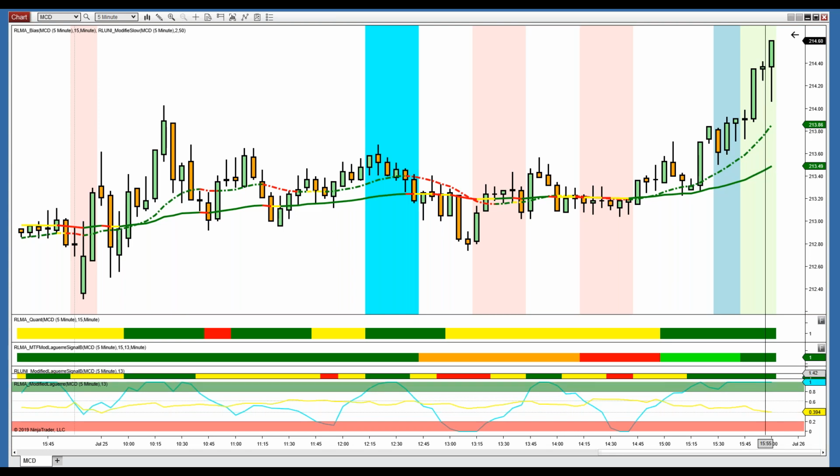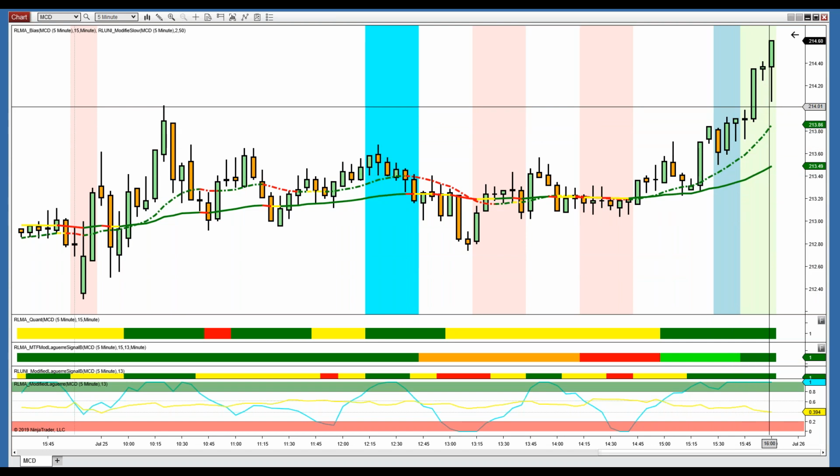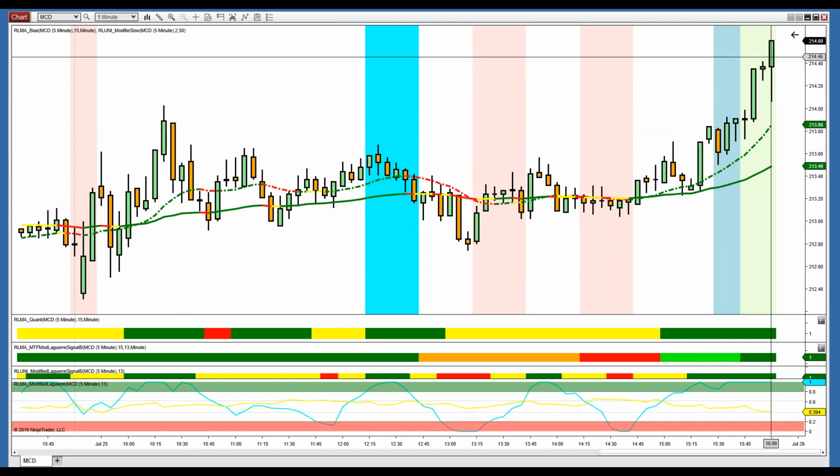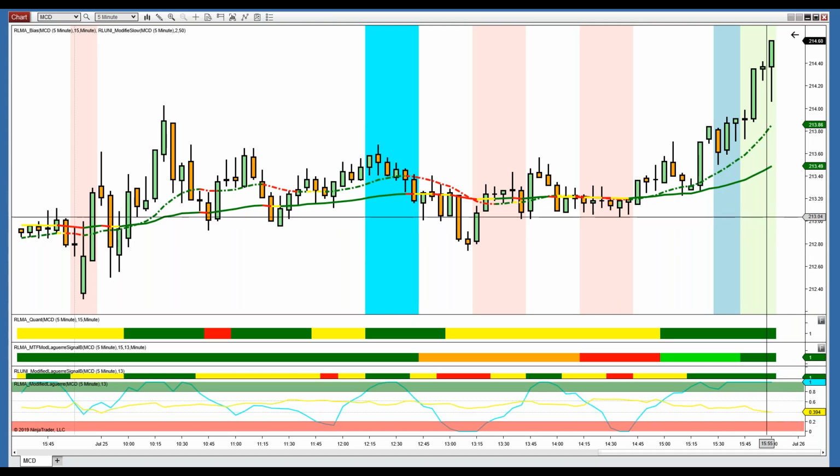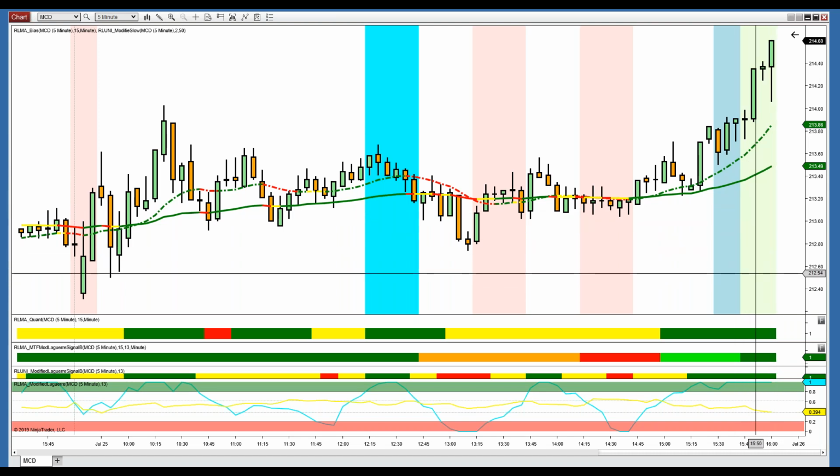So you have green, green, both Laguerres, looking at 3 time frames. You have a multi-time frame assessment of the correlative indices that track with McDonald's, whether it be ETFs or other stocks that trade in the same basket.